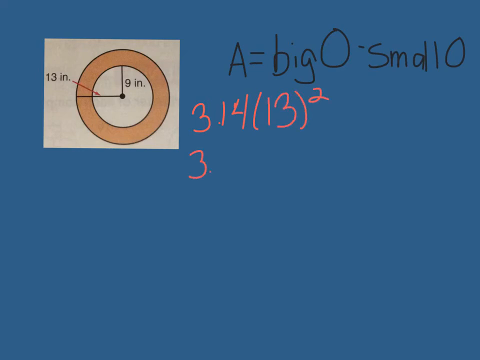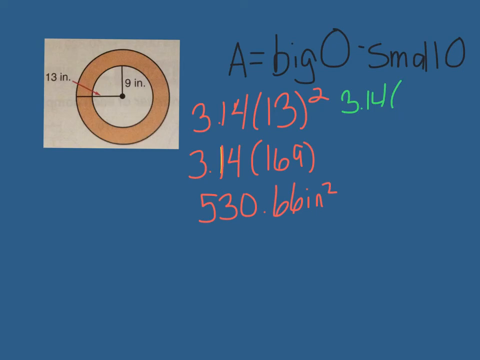So now I have 3.14 times 169, and that gives me 530.66 inches squared. Now I need to figure out the area of my smaller circle, so I have 3.14 times 9 squared.